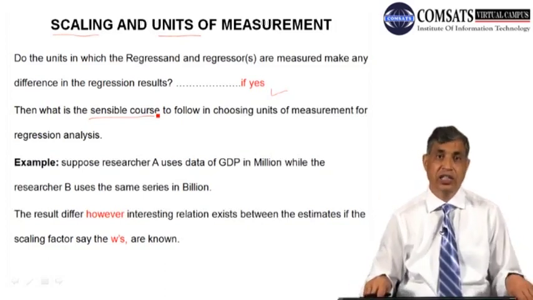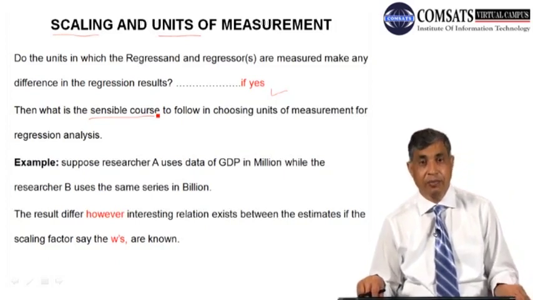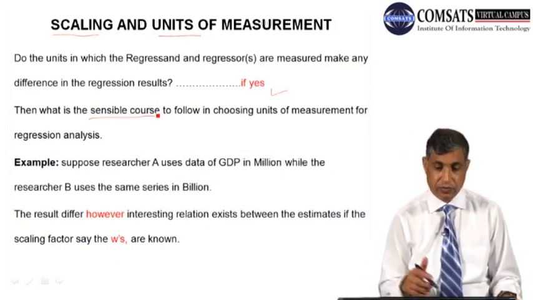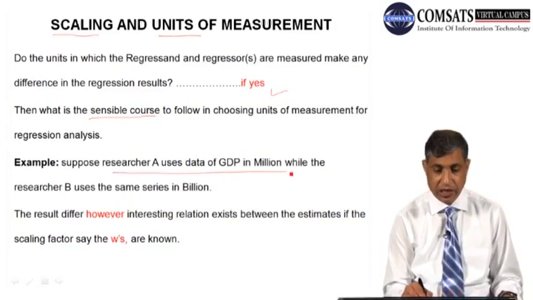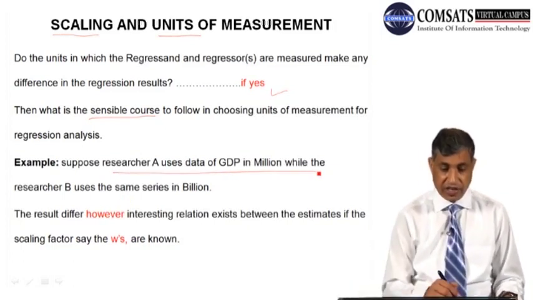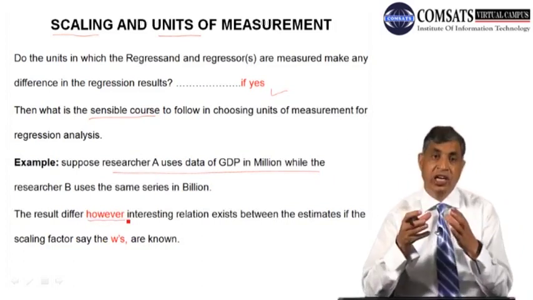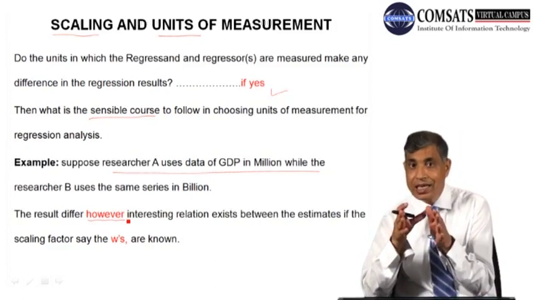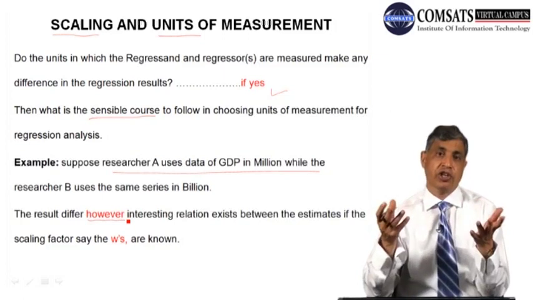When there are many figures, you can handle them easily when you are using the higher units, the billion and the trillion. Here is the example that I already explained. The results differ in both cases. Keep in mind the results differ in numerical values, but in practicality there is no difference. We will change our interpretation only.